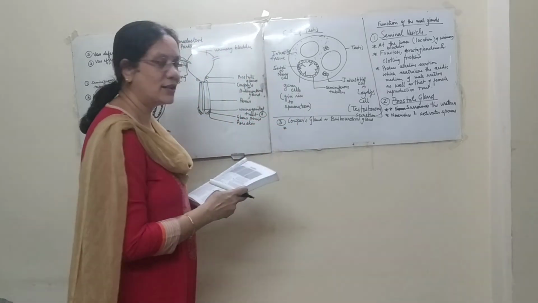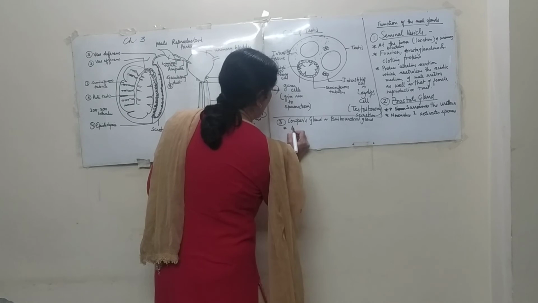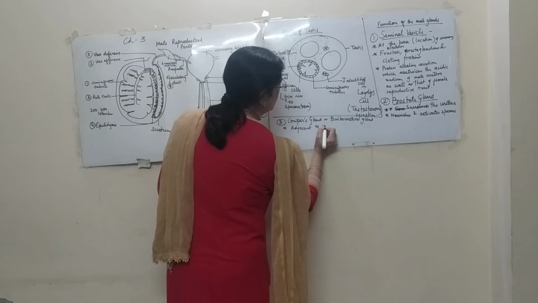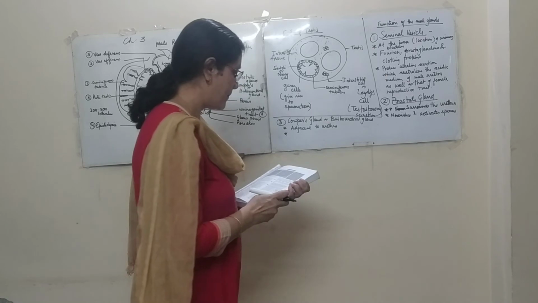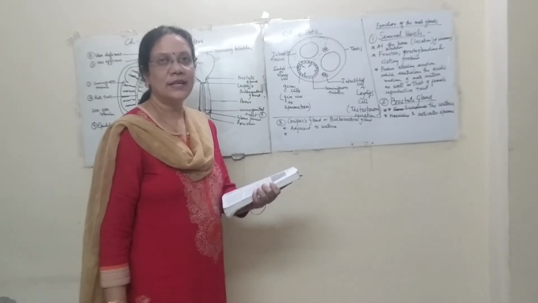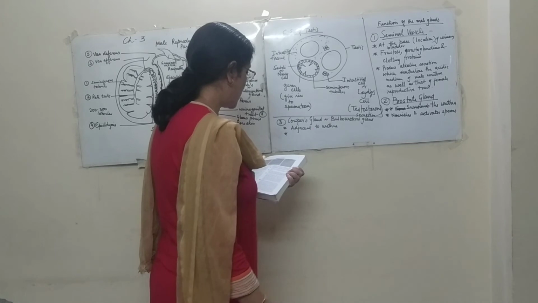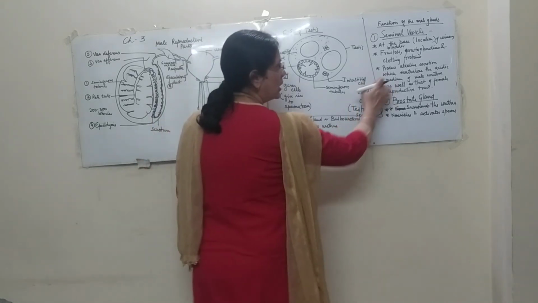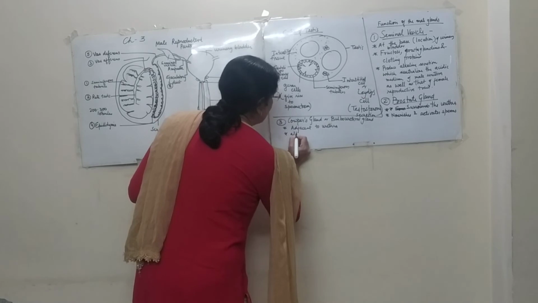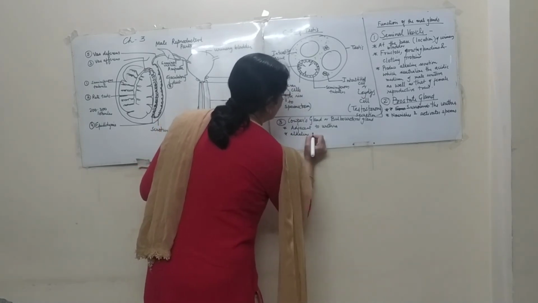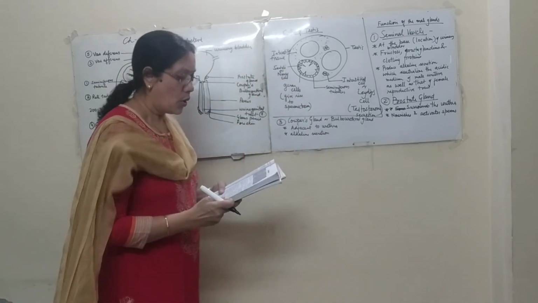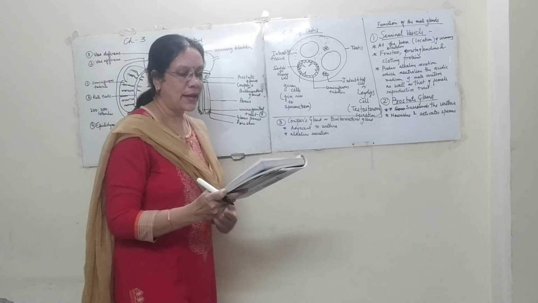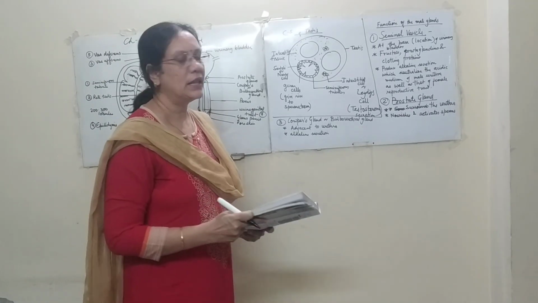It is situated adjacent to the urethra, and its main function is that it also secretes an alkaline fluid, which neutralizes the acid from the urine in the urethra.